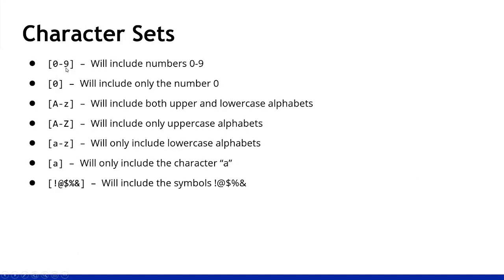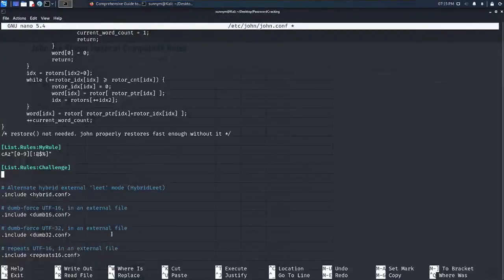We know the digits could be 0 to 9, so maybe try typing this twice in double quotation marks. Let's just try doing it. So we got capital C, Az, then we started quotations, and inside we got 0-9 for our first number, and then another 0-9 for our second number.